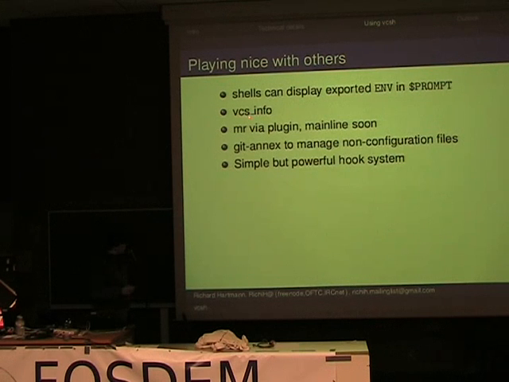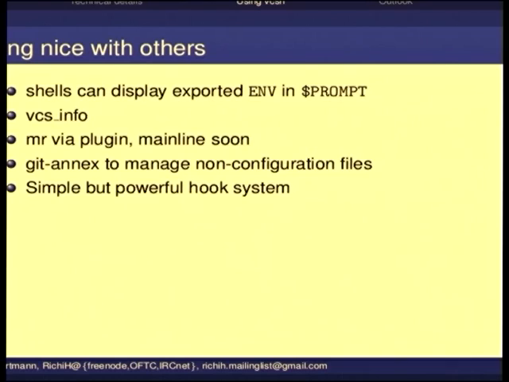You also have integration with vgh info, which is just a way to basically tell you more or less everything about your Git repository, in which branch you are, if there's any aborted commit which you're stuck in at the moment, or just anything. MR is a tool to manage multiple repositories.